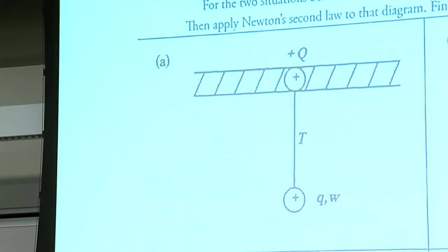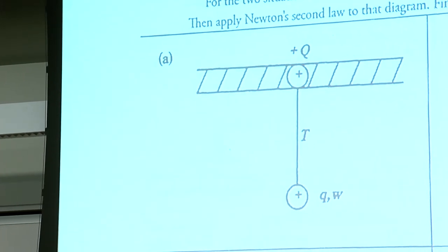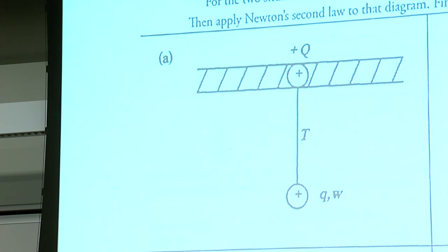What else? The other charge. Which direction? I'm going to call that F sub E, electric force. What else? Is it going down? No, it's just sitting there, right? So something must be pulling up on it. Tension in the string.